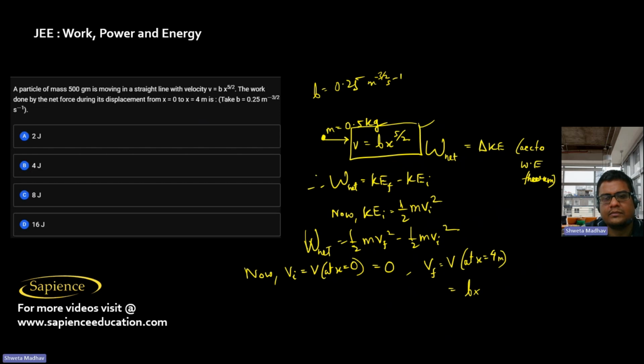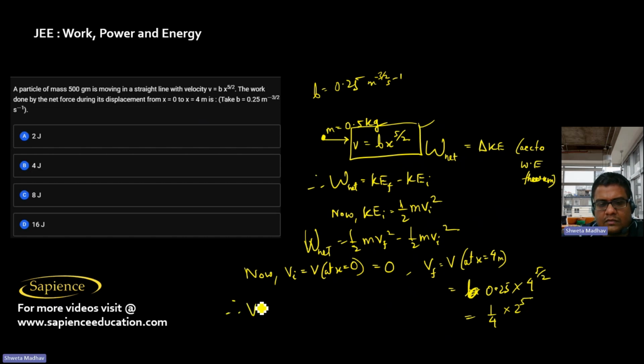So this will be b, that is 0.25 into x, x is 4 power 5 by 2. So 0.25 means 1 by 4 only, 1 by 4 into 4 power 5 by 2. So 4 power 5 by 2 is 2 power 5.